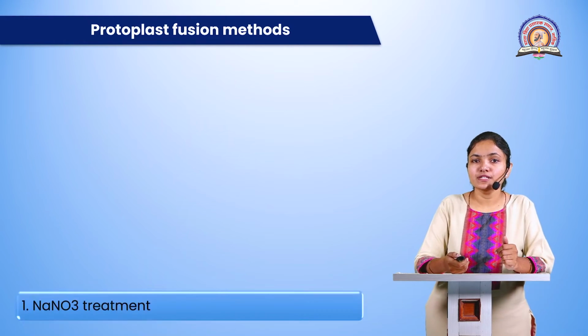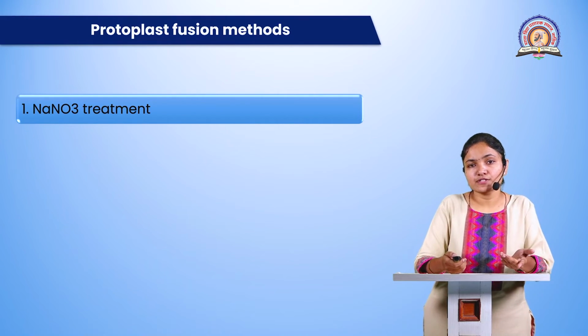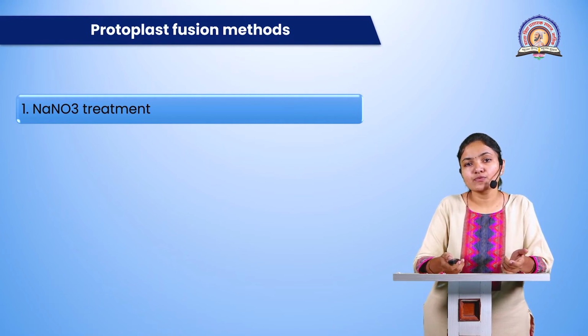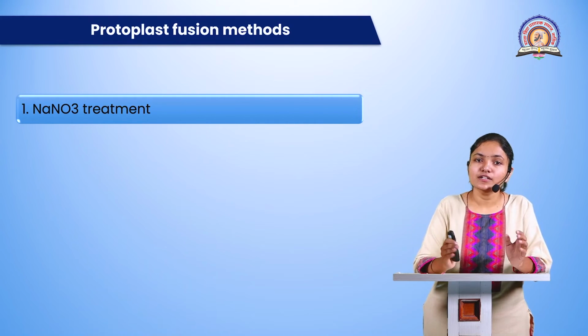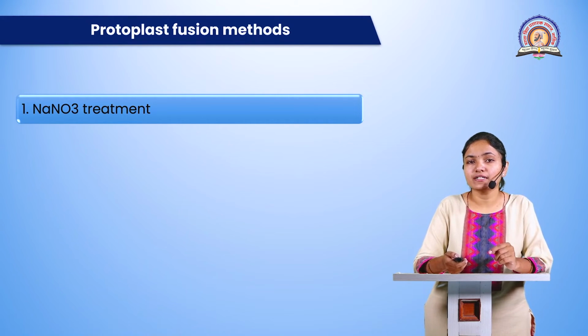Now apart from this, more sophisticated methods we have with us, which is a chemically induced method. Now chemically induced method means what? We should use some chemicals which will allow the fusion of two protoplasts. So here you can see one treatment, that is something called sodium nitrate or NaNO3 treatment.